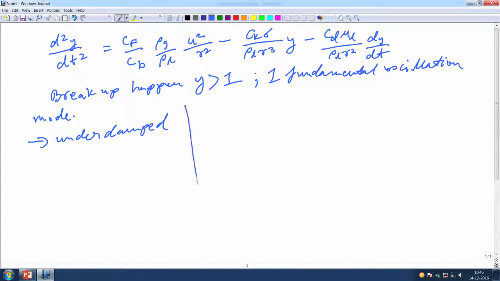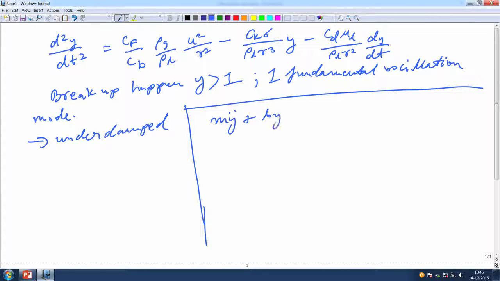If you recall, you have a generalized free vibration equation, it is not forced. What you have is m greater than 0, b greater than or equal to 0, k greater than 0.